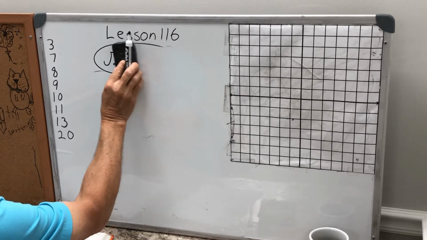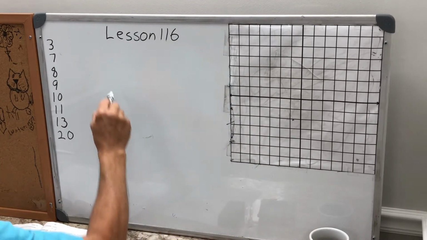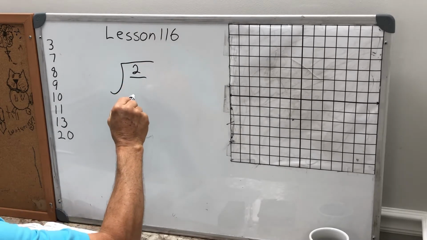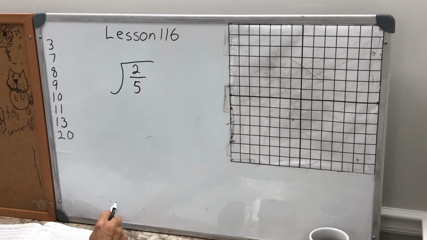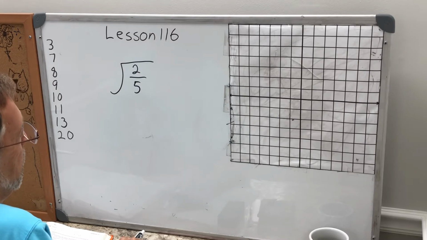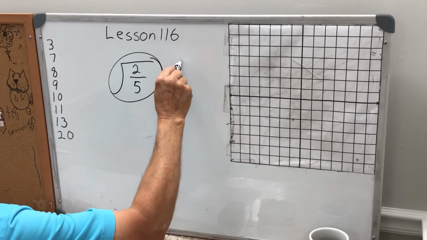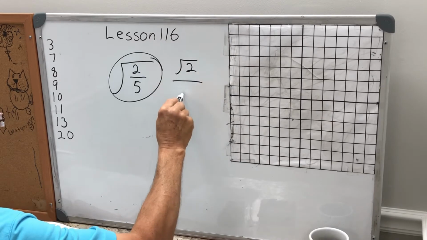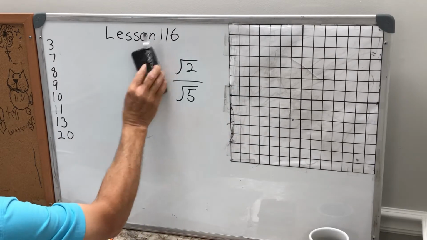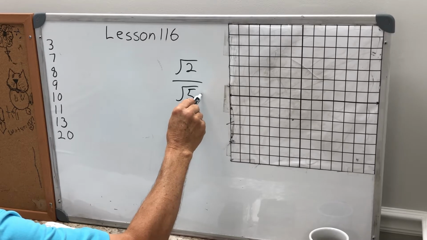We'll be doing these the next lesson. So if you didn't quite get that, we'll get it on the next ones. Here's number 8. It's the square root of 2 over 5. Now, not very often we see a fraction inside of a square root. But the first step is to simplify this. This is the same as square root of 2 over square root of 5. If we have that, we want to get rid of this square root sign here.